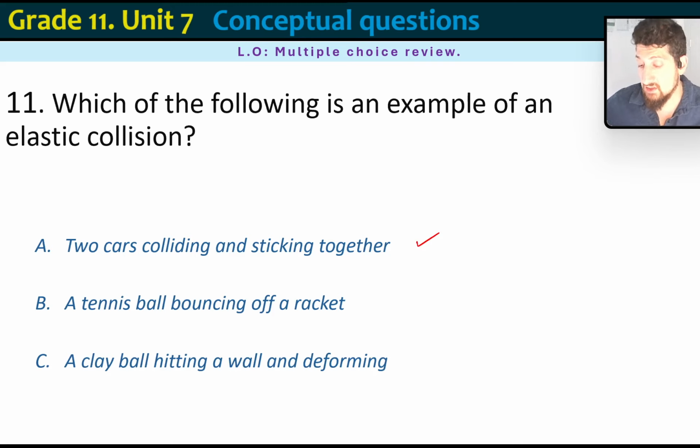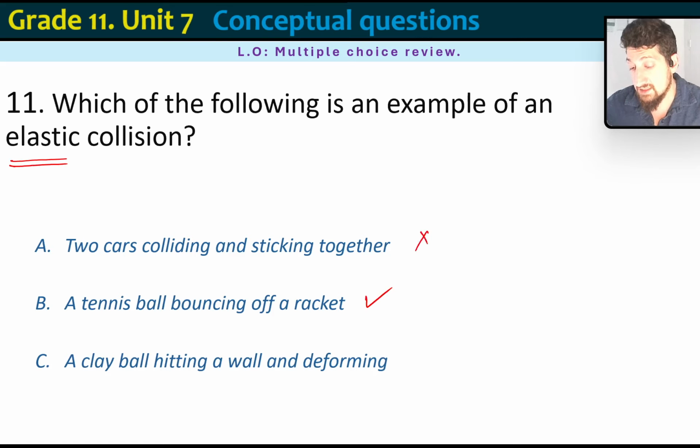A tennis ball bouncing off a racket? Well, it bounced off, so that means it's not stuck to it. A clay ball hitting a wall and deforming? Sorry, the question is asking for elastic, so that is the elastic one.